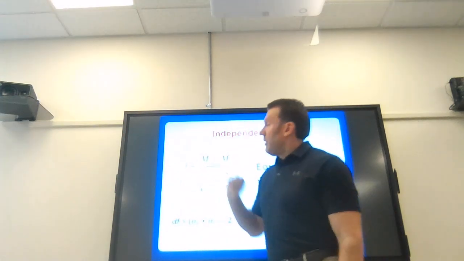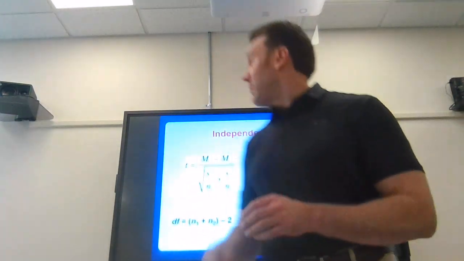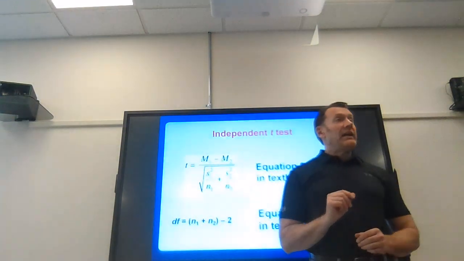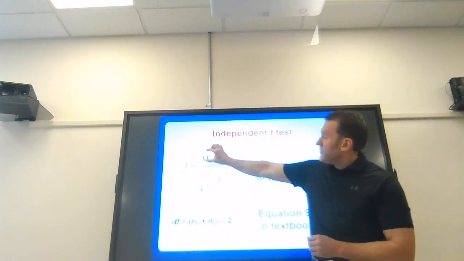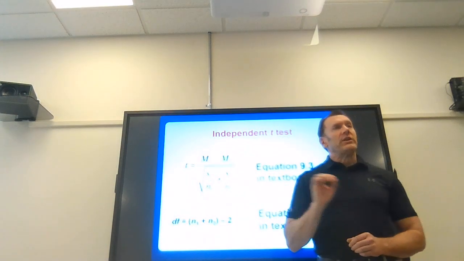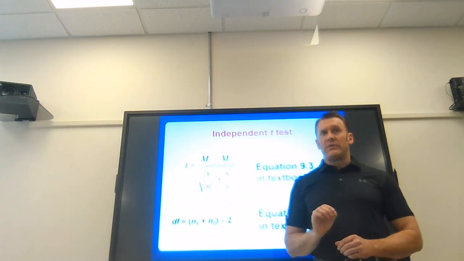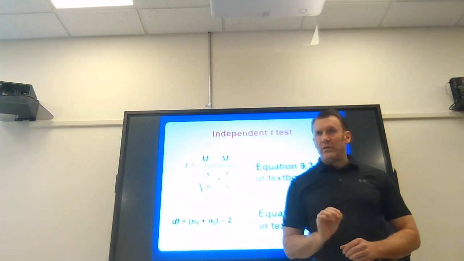Okay, so mathematically, to get a really high t-score, so to maximize this t-score and to increase the chance that you'll have a significant result, you want a very large difference between these two means, but you also want very little variability. So you want the standard deviations to be really small for each group.